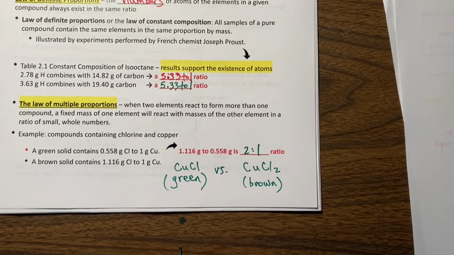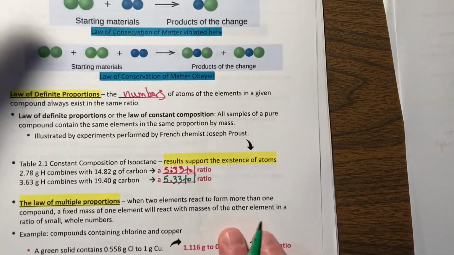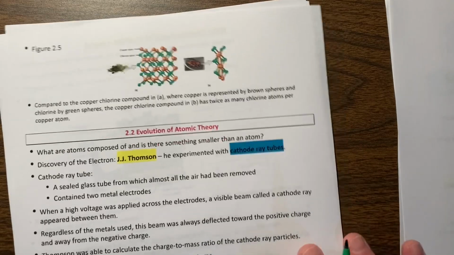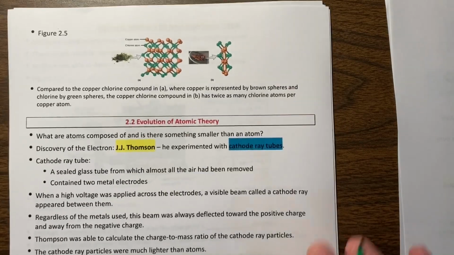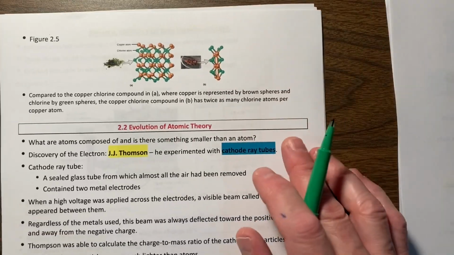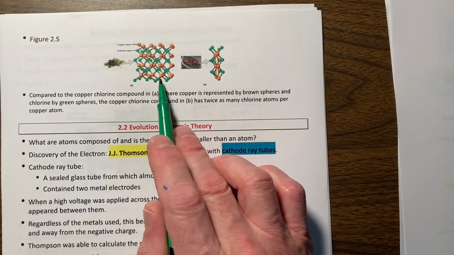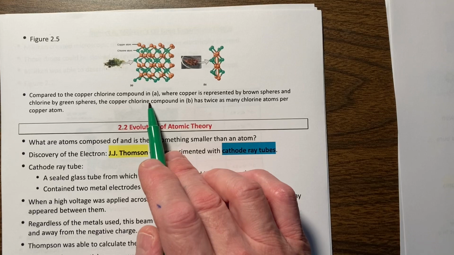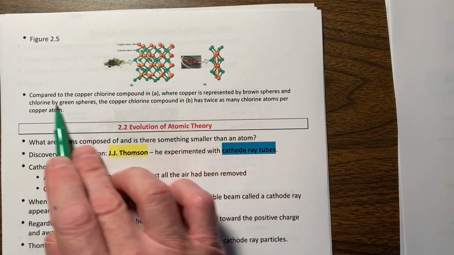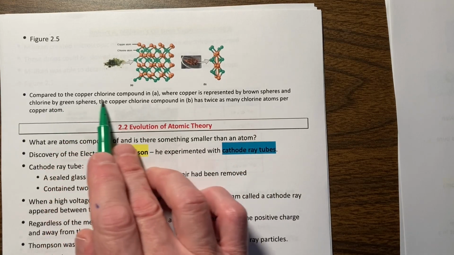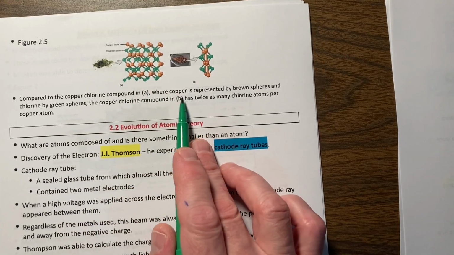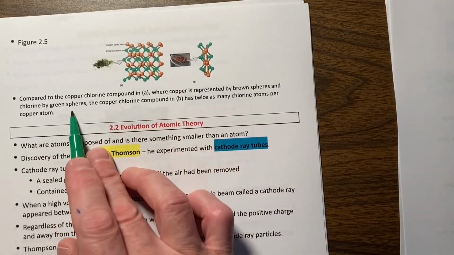What you're going to learn pretty quickly is that electrons are the key to the reactivity of all atoms and compounds. And it's hard to see in this picture, but this is kind of what an ionic compound like copper chloride looks like. This picture compares the copper chlorine compounds, where copper is represented by brown spheres and chlorine by green.